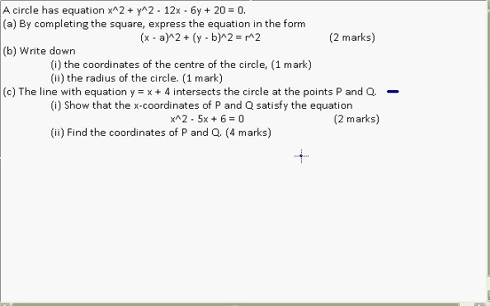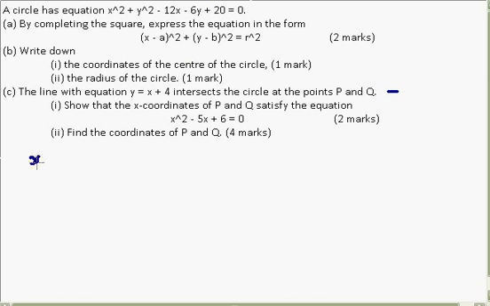Now, this is another example of, if you haven't read the whole question, then if you can't do the first bit, you may still be able to do the second bit. Okay, we are given the equation of the line, we are given the equation of the circle at the top. So that is what I'm going to use, rather than the way that we've written it in part A. Okay, I'm going to use the top version instead.